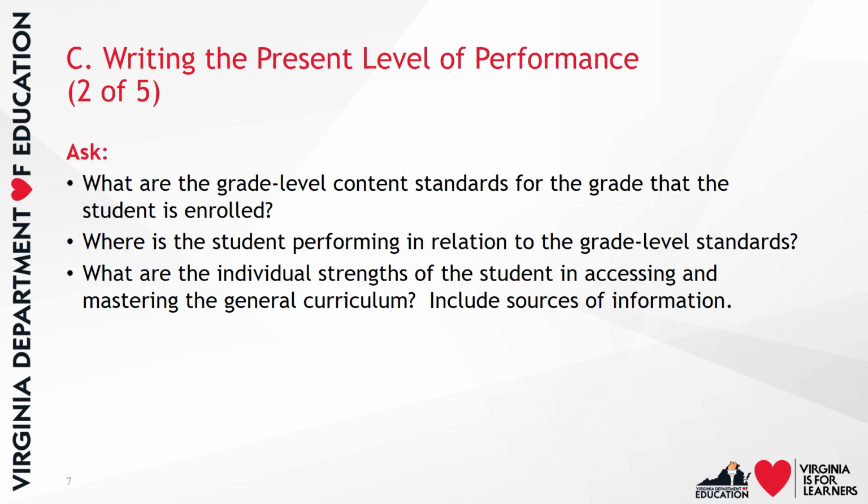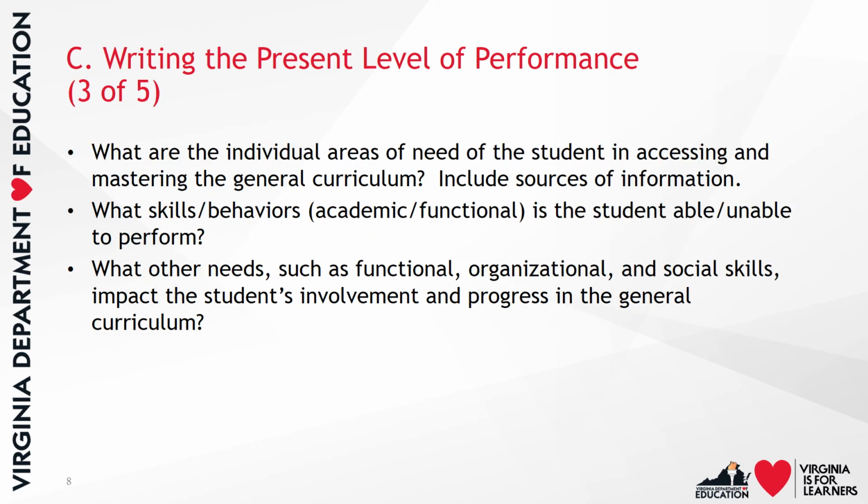When considering the factors related to the student's disability and how they affect student learning, ask yourself, what are the grade level content standards for the grade that the student is enrolled? Where is the student performing in relation to the grade level standards? What are the individual strengths of the student in accessing and mastering the general curriculum?